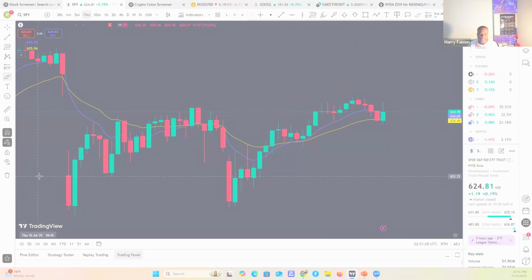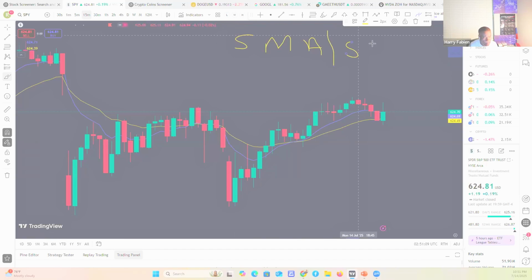Now, the SMA, the simple moving average, reacts very slow. You use this one for the long term, to look at the chart for the long term, for how you can get in when the stock goes down.